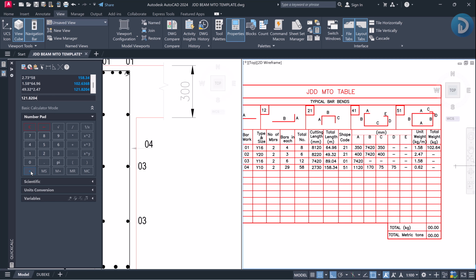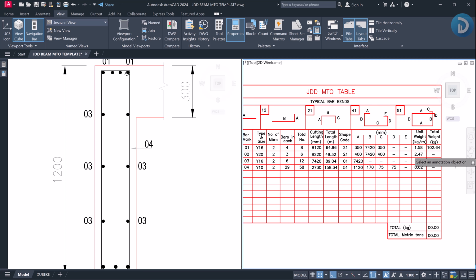So in this case we have 121.82. So this becomes 121.82.